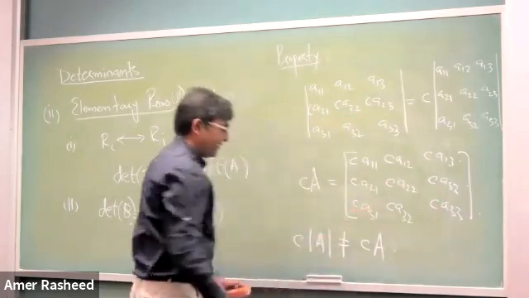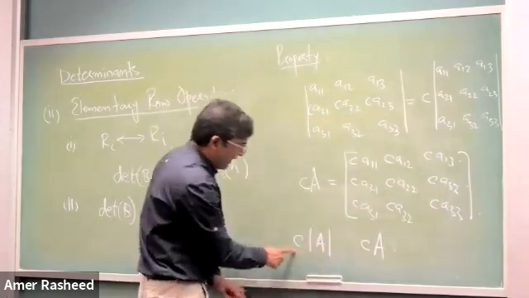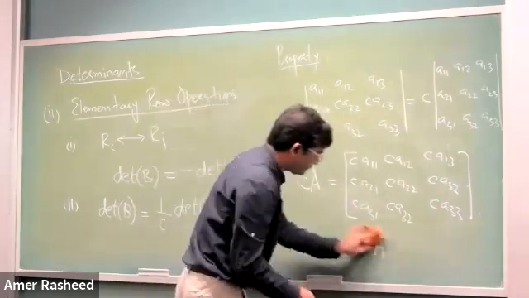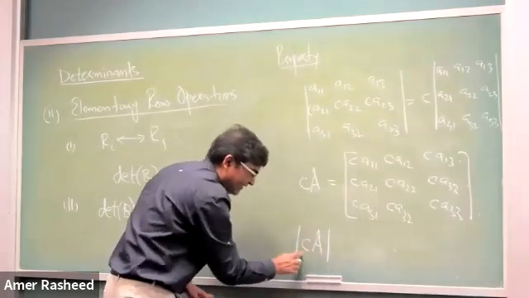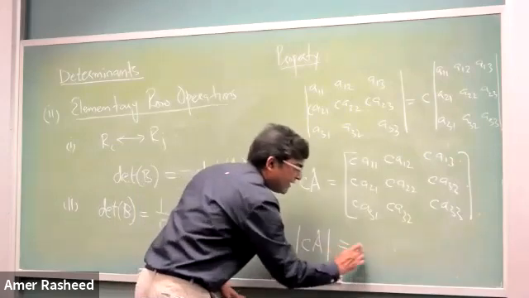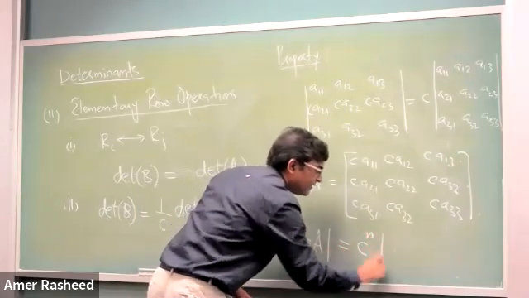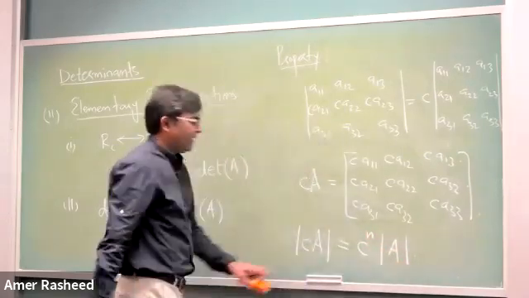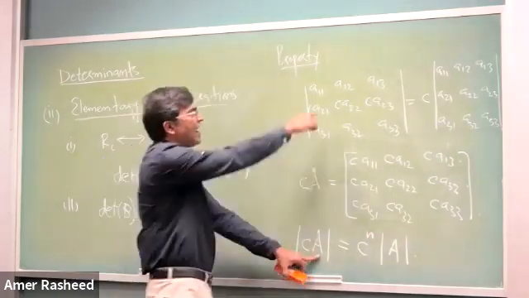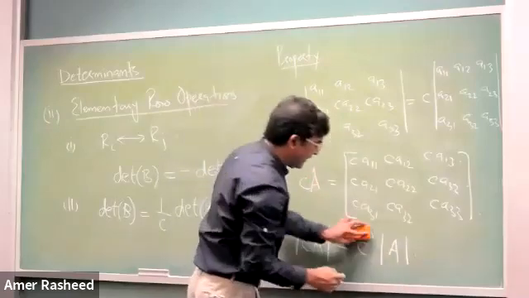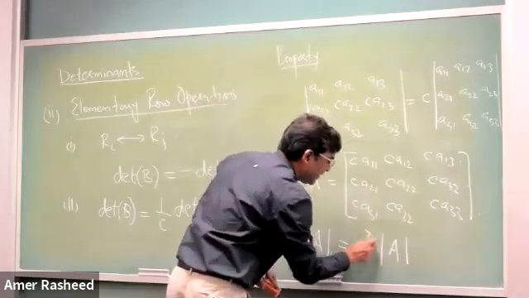Determinant of C times A, the whole determinant, is what? It is C^n times determinant of A, if A is a matrix of order n. अगर यहाँ पे ये matrix लेंगे 3 by 3 का, तो यहाँ पे C क्या आ जाएगा? C की power 3.